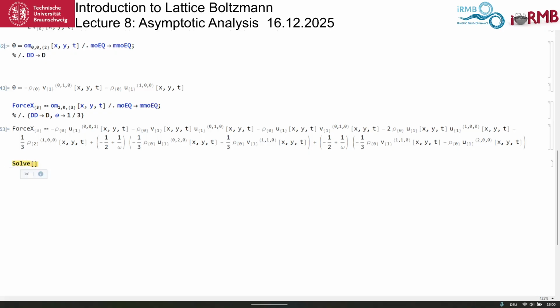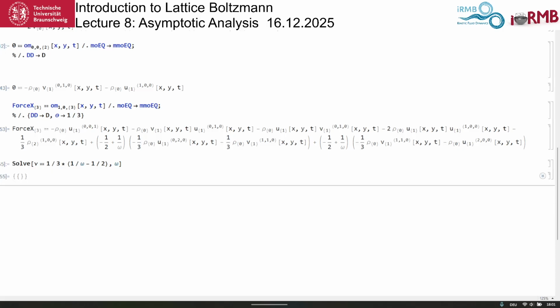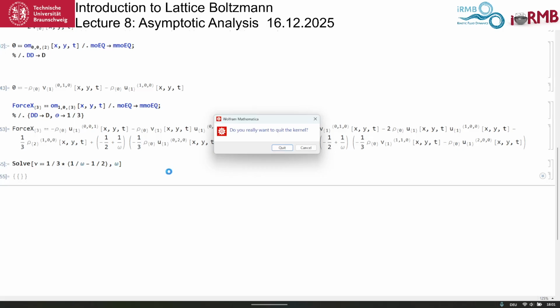We have nu is equal to 1/3 times 1 over omega minus 1/2, and we want to know what is omega, right? So we get, oh, that's bad. Now, okay, that's bad. Then you should always be careful with the equal sign.